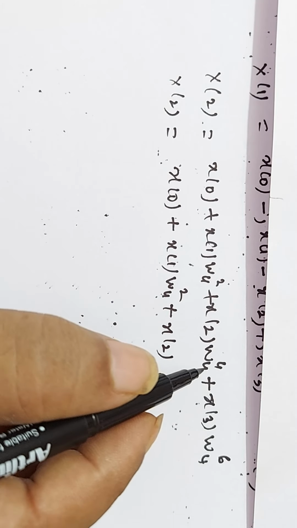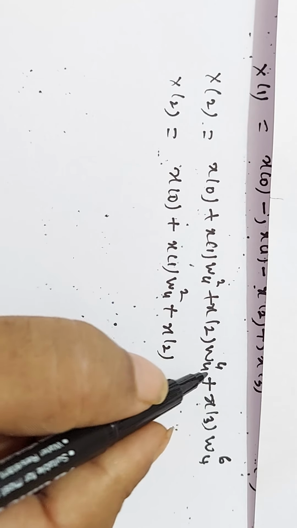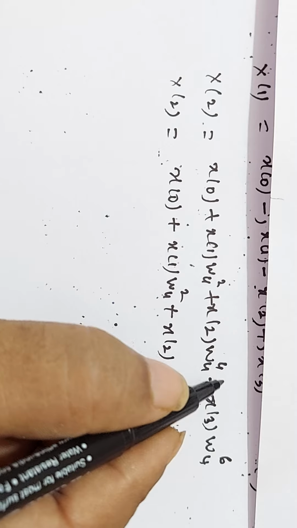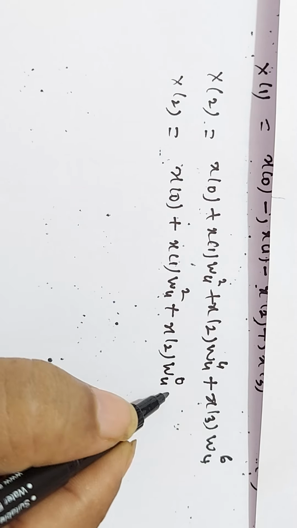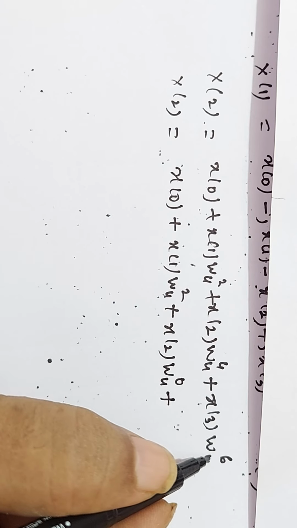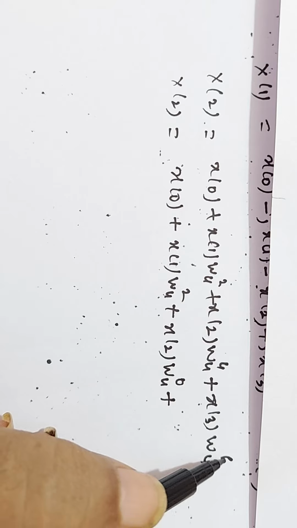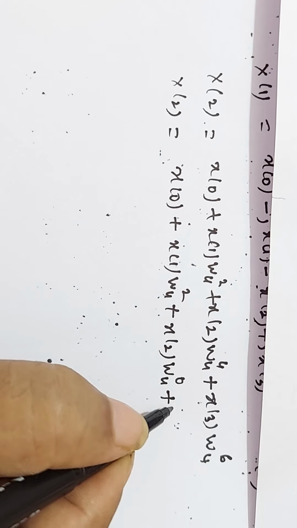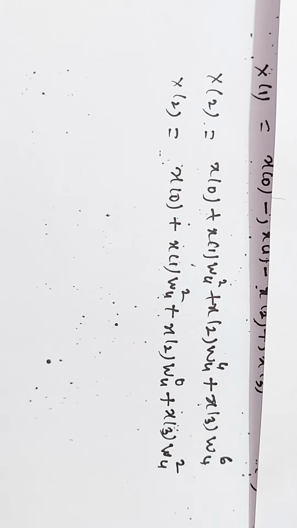What is W4 4? It is also the 0 sample. W4 4, 4 plus 0 is 4. Therefore, it is W4 0. Plus, what is the sixth sample? It is also equal to the second sample. How do you get it? Simply 6 minus 4. 6 minus 4 is 2. It is also equal to the second sample. Plus x of 3 W4 2.